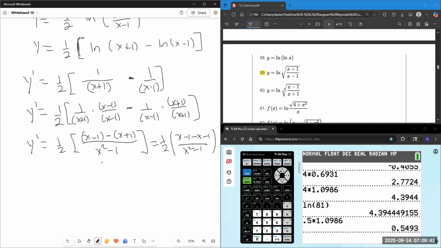So that's going to make y prime equal to, x minus x is 0, so this is 1/2 times a -2 over x squared minus 1. And this 2 goes into that -2, -1 times. This is -1 over x squared minus 1.